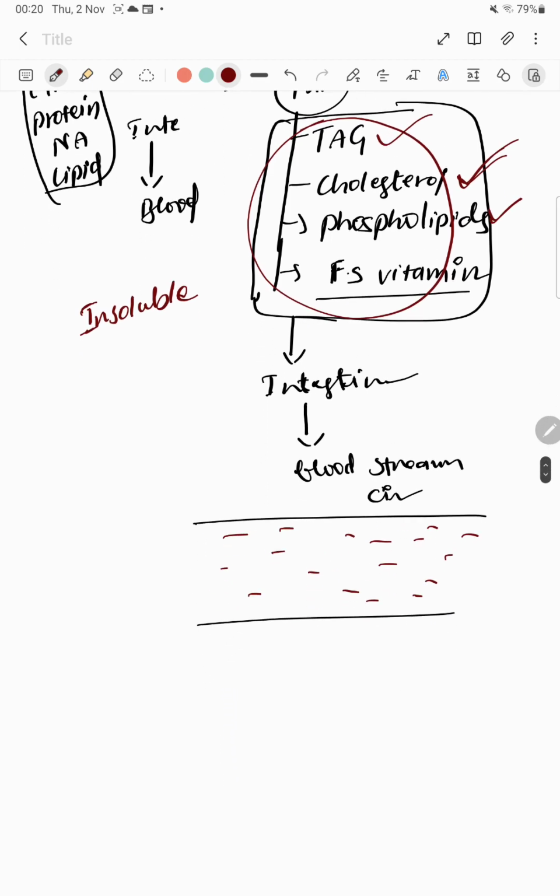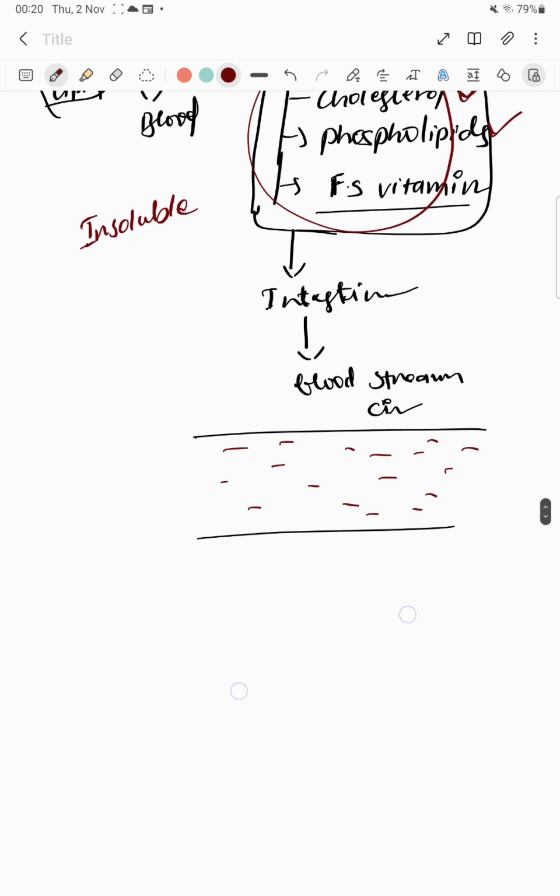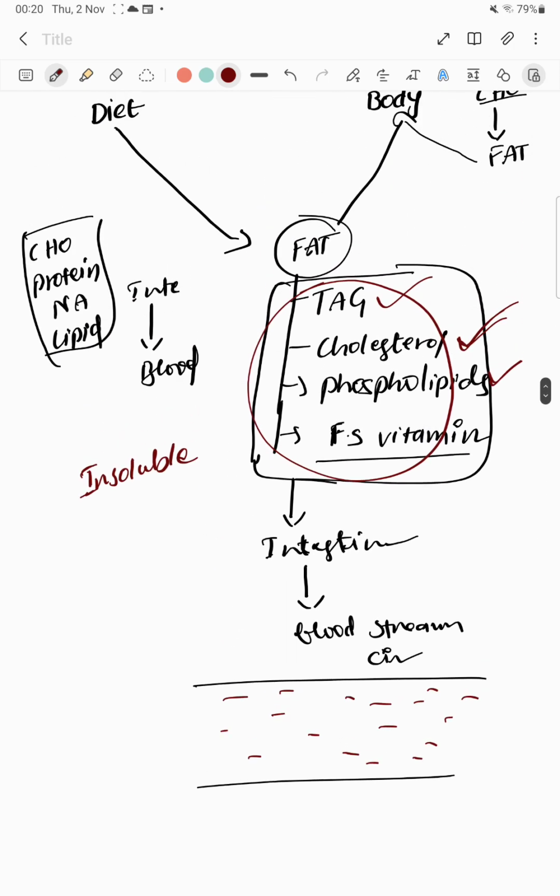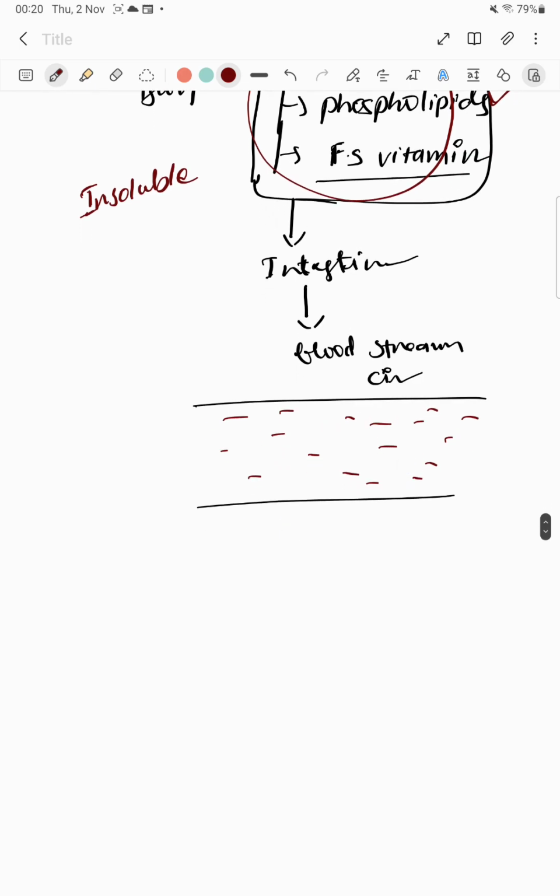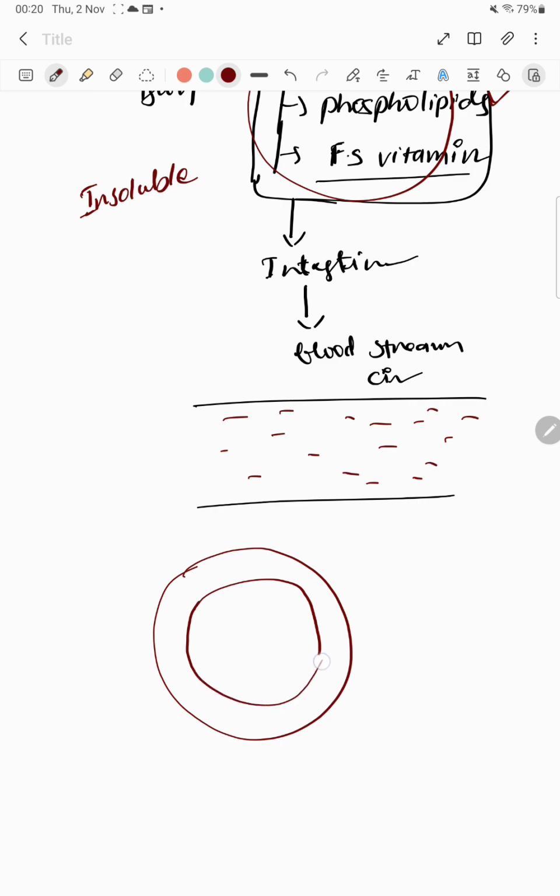We'll see how these lipids get onto the lipoproteins and how they are transported. But before that, we'll see the structure of lipoprotein. Basically, lipoprotein is in a circular, spherical shape. So this is the lipoprotein shape.